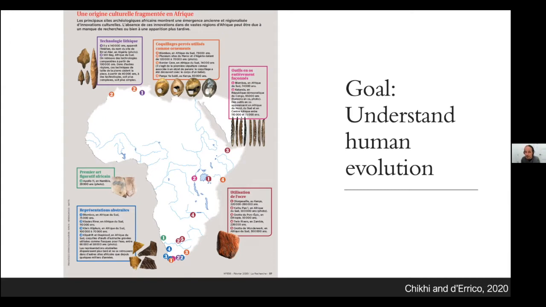And so if you want to have a model with a single ancestral population that is kind of unified, it has to do a lot of running around Africa over hundreds of thousands of years and bring its culture with it all along. And in a sense, these patterns of artifacts are easier to explain if you imagine that you had all kinds of populations appearing and disappearing and merging and splitting and so on. So that it's complicated is the argument here.